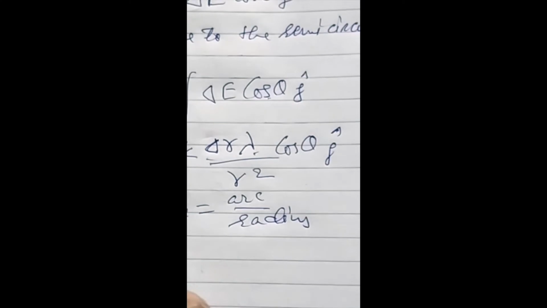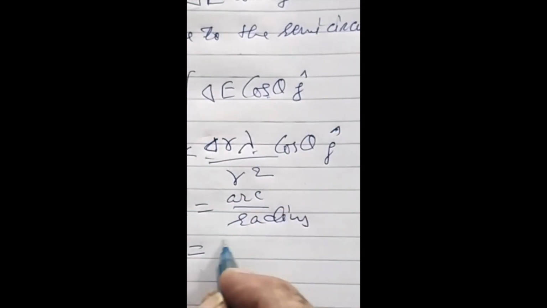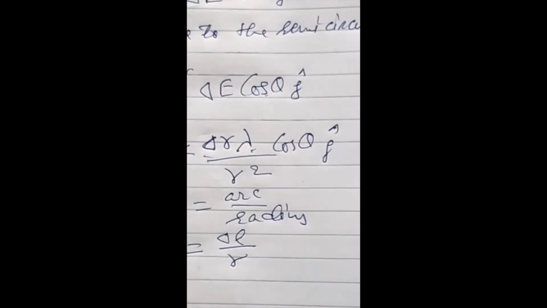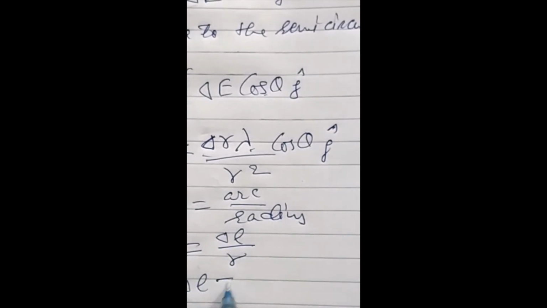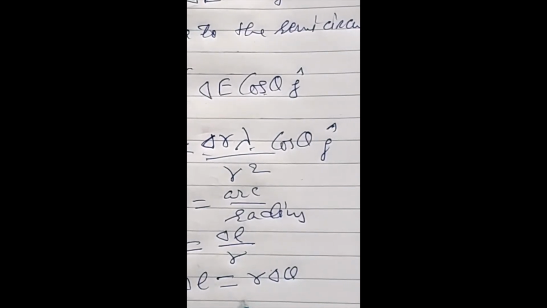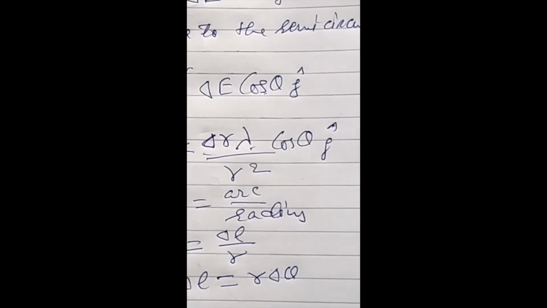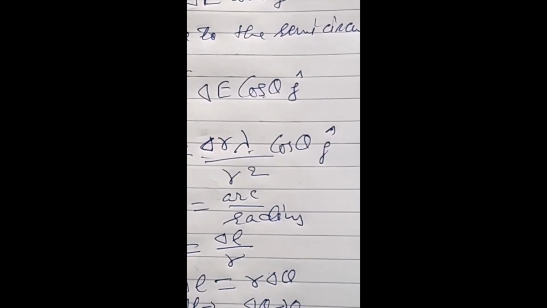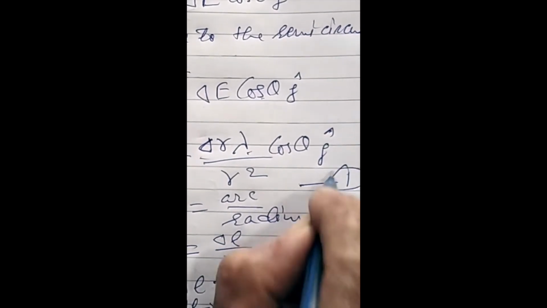So this angle del theta becomes equal to the length of arc del L by radius r. Therefore, del L can be written as r del theta. If you take the limit del L tends to 0, del theta tends to 0, then it becomes dl is equal to r d theta. So we will be putting this in equation 1.